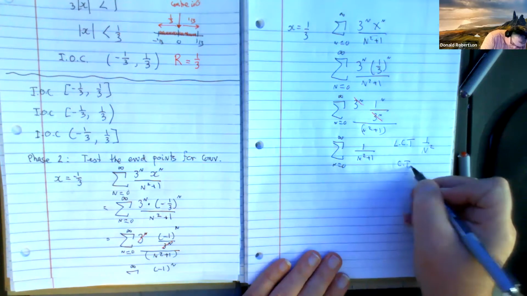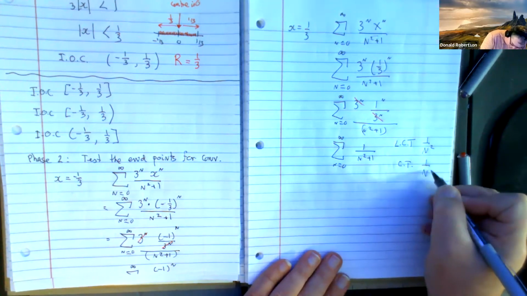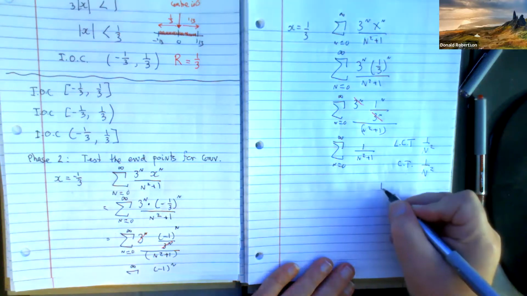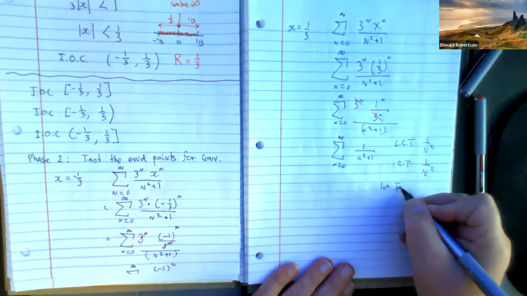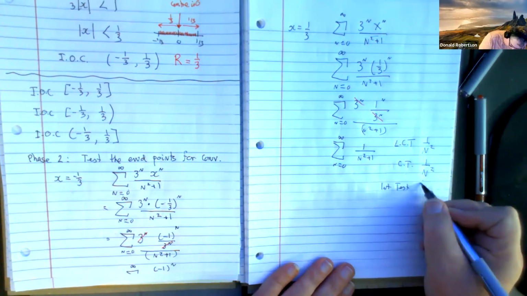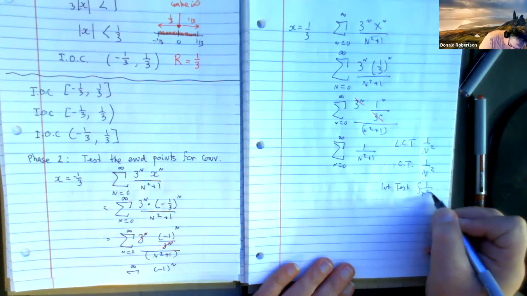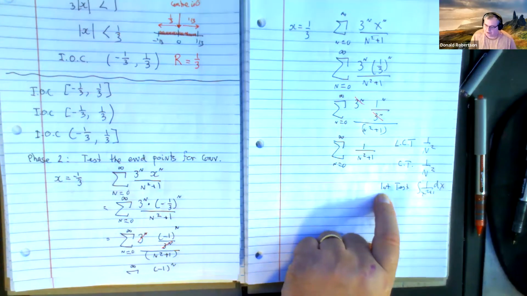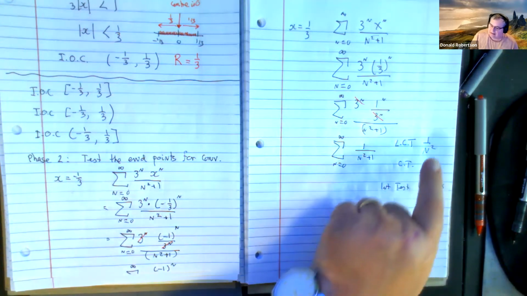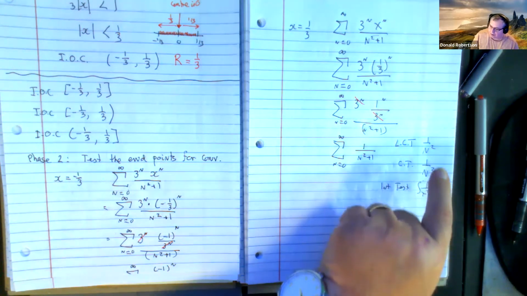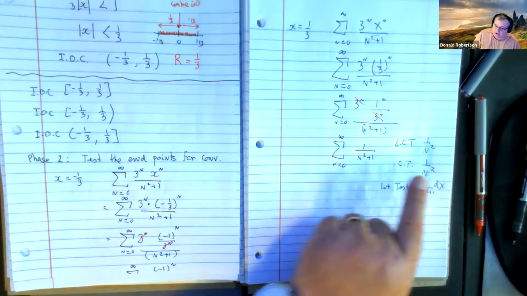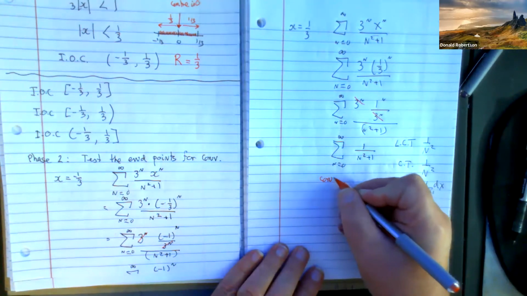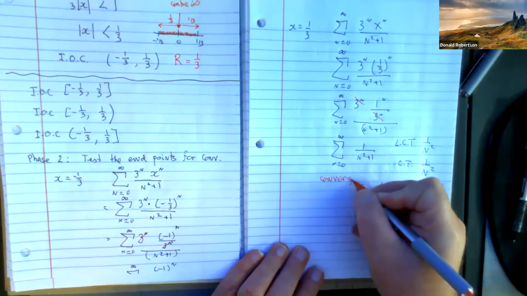I actually think you can get away with just a straightforward comparison test to 1 over n squared. You could also do an integral test using that guy. I would never do that unless I was forced to. If you use a limit comparison test or a comparison test, this series converges. And again, you're just going to have to take my word for it, but it does.